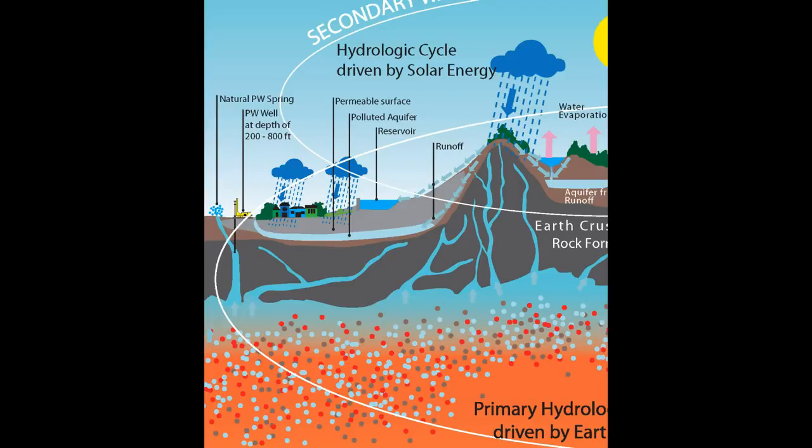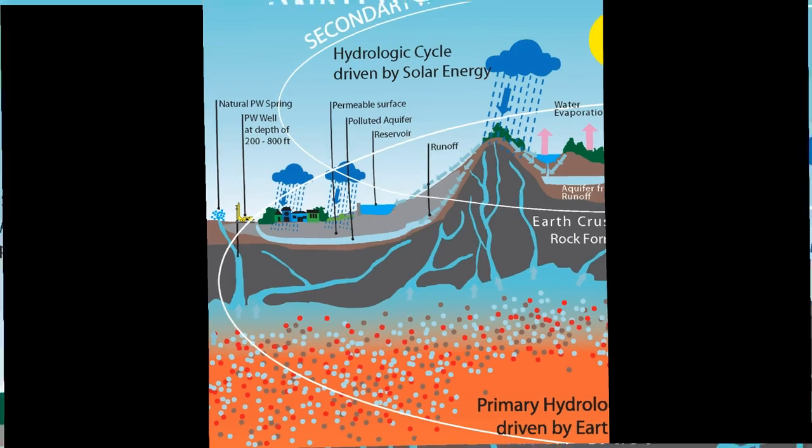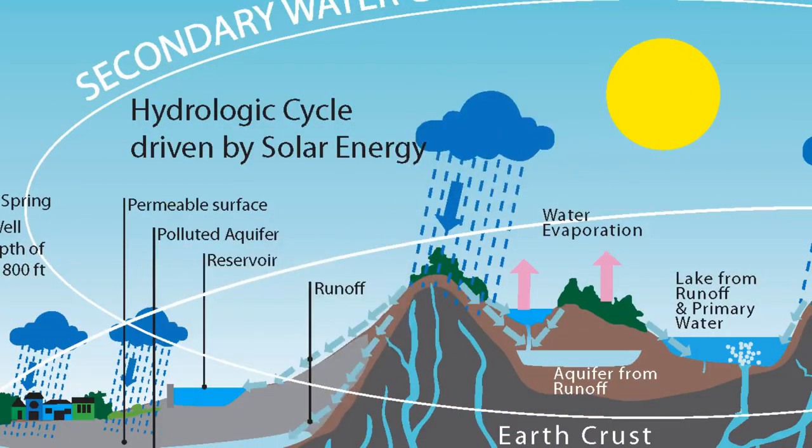You could measure it. So in essence, the secondary water cycle is, as we now know, literally polluted water that is on the surface, and that is what we know to be our drinking water. Indeed. So we're drinking polluted water.